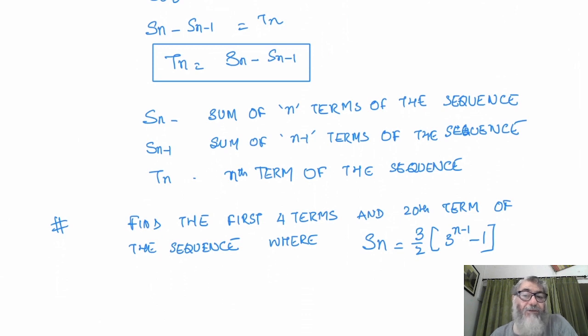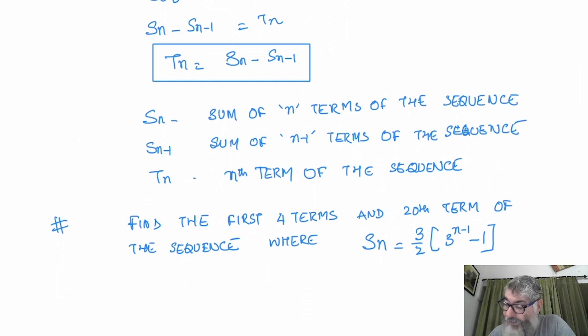Now I need to find Sn minus 1. You can still see the formula written on top. If I want the first four terms, I need to have the nth term, and from the nth term I can calculate. Sn is not Tn. Sn is the sum of n terms, while Tn is the nth term. I need the nth term for calculating the different terms. For that, what should I do?